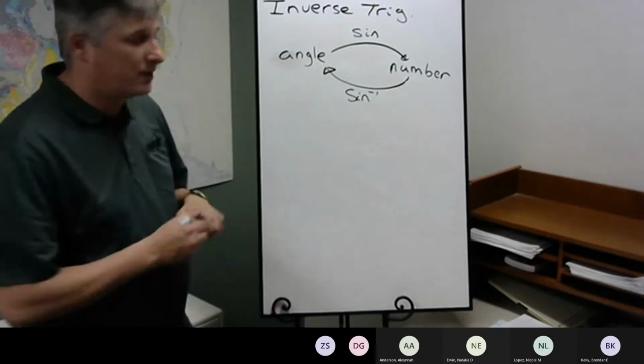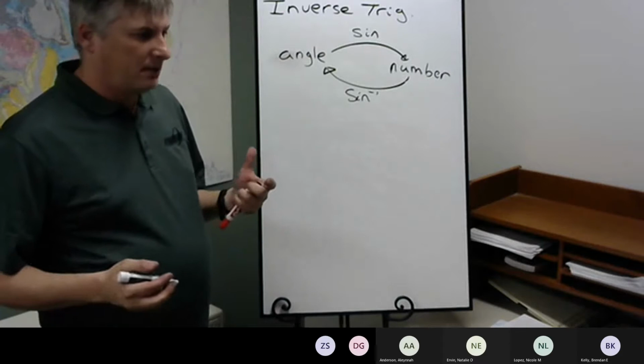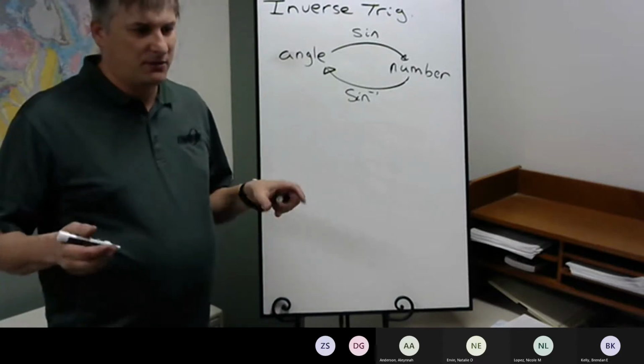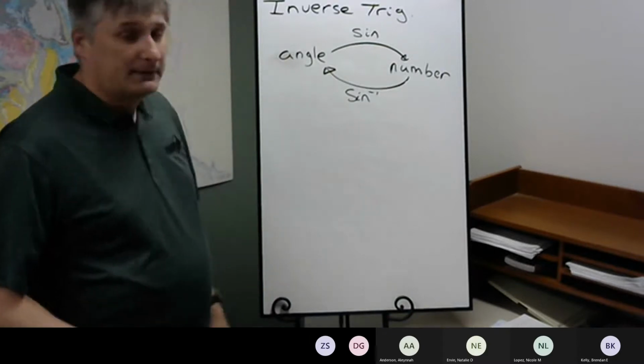Now there's a problem though. Remember we talked about the horizontal line test, that if the inverse is going to be a function, then the original function has to pass the horizontal line test.